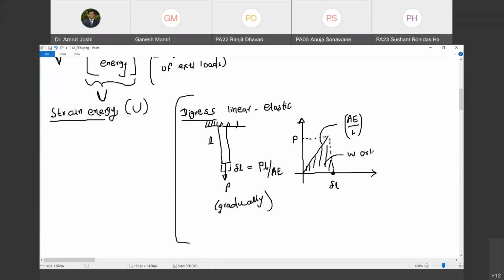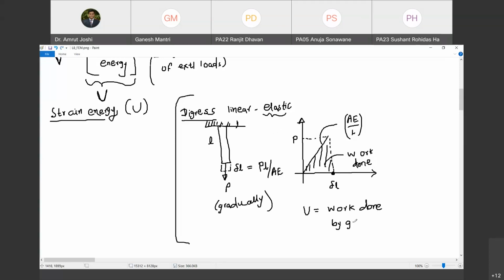And in absence of any loss of this work in the form of heat or sound, this entire work done is going to get stored in the body as long as it is elastic. Do you agree with me? Yes, sir. So this strain energy U stored in the body is going to be equal to work done on the body by gradually applied P.